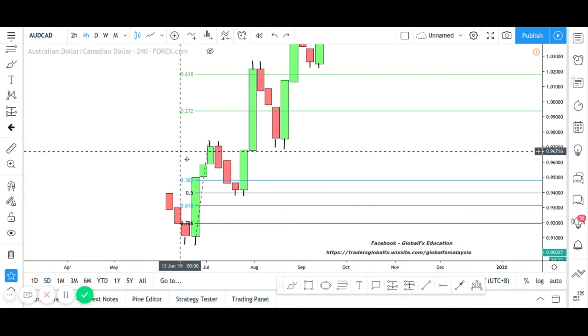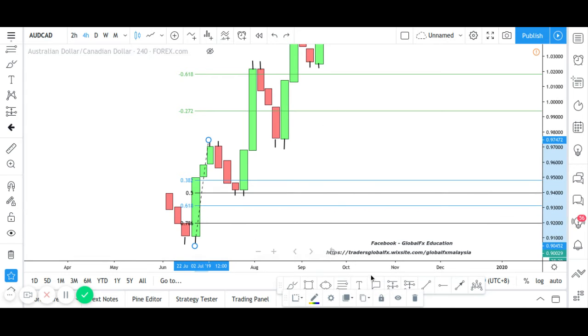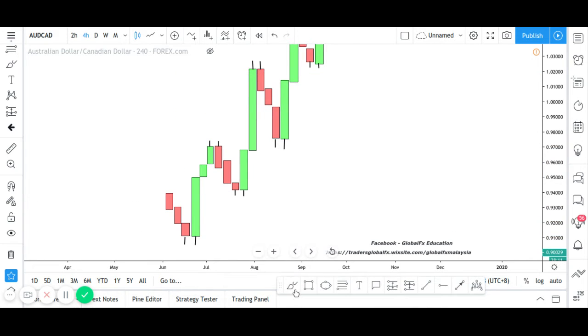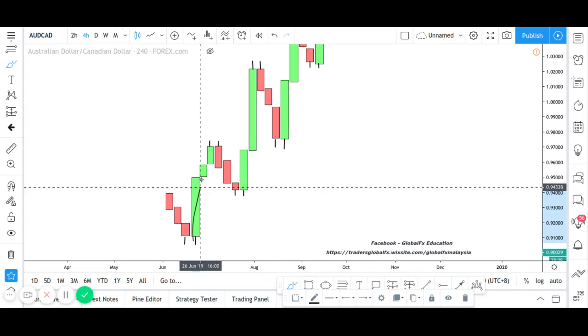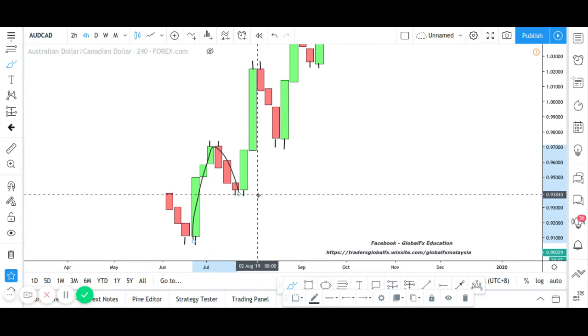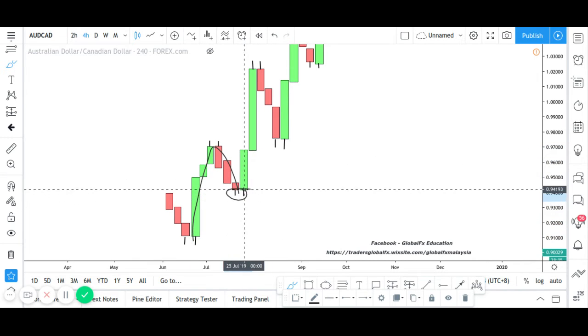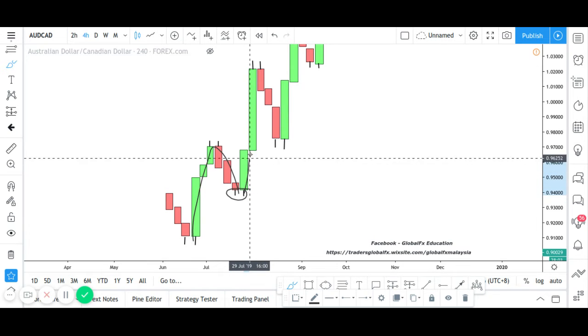So with this said, now let's have a look at how we're going to move our Fibonacci retracement to the next impulse. Like I said earlier, if we've already traded this impulse and correction, we already entered the market here and we've now started our push to the upside.